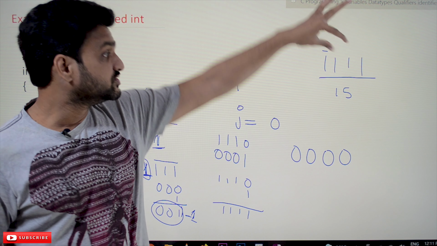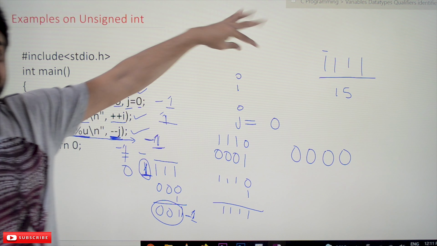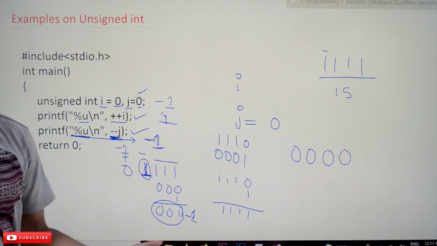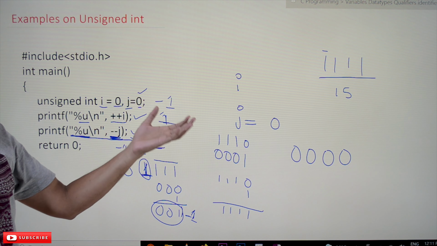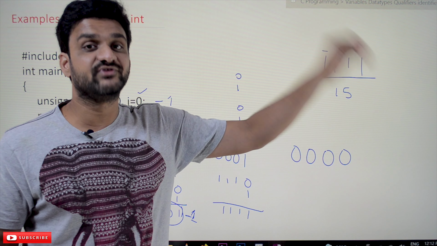The last bit is not considered for sign. So 4 ones is going to print 15. Because it is a 4-bit computer, it is going to print 15. If it is a 64-bit computer, all ones of 64 bits will get printed.